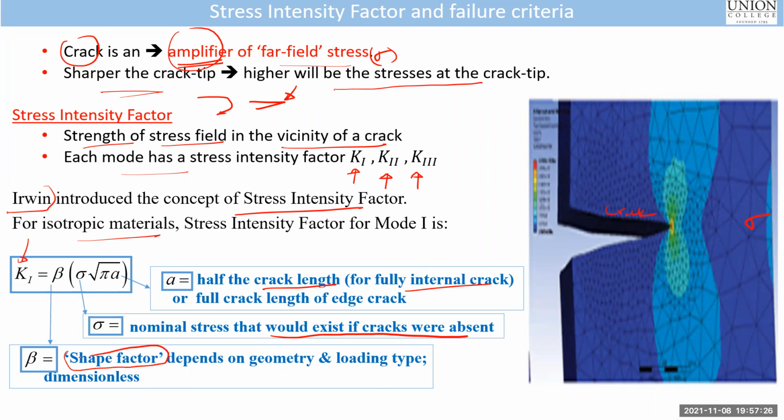I'll show you the simple formulas for this beta. Shape factor depends on the geometry of your plate and the loading type, and beta is dimensionless. So that's Irwin's relation. It's really good for isotropic materials, especially for mode 1, which is the most dangerous mode.